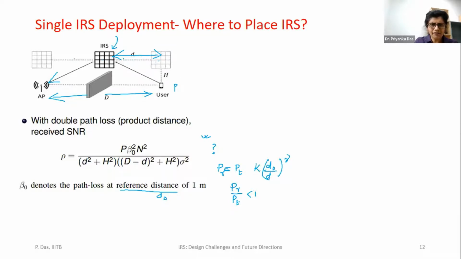Now at the reference distance, let's substitute d equal to d naught. What you will get is PR equal to PT into K. So this K parameter is beta naught here. That's how you map your knowledge to the paper and understand the math behind it. Beta naught is your K in the simplified path loss model.